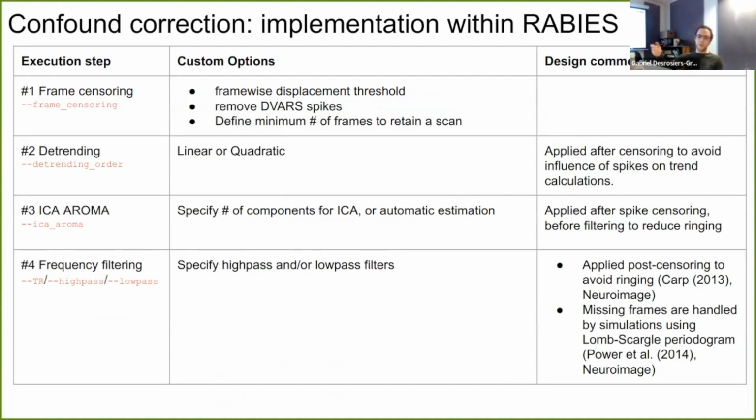Totally. I was going to mention this, maybe I should have said it ahead of time, but all of these options are customizable in RABIES. Actually, they're not applied at all if you don't specify them, except for detrending. Detrending will always be applied because you need to at least remove the mean, but all of these other steps are optional, and you definitely won't want to just apply everything. I'm going to cover a bit more on this later at the level of data quality assessment, but the way you will design your confound correction will depend on the specific needs of your data set.